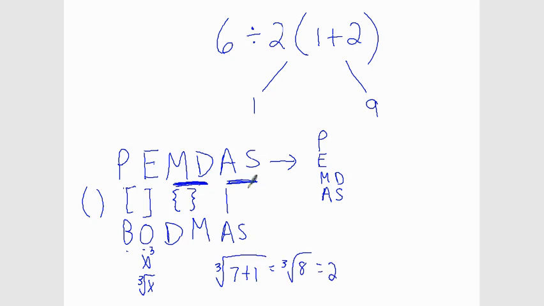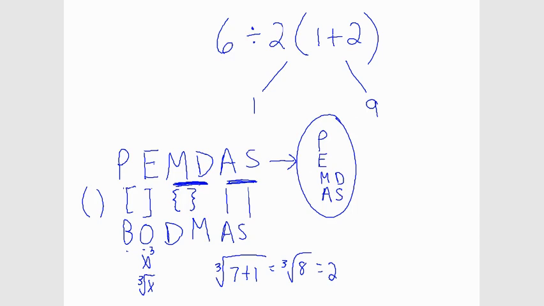Also, absolute values could count as a grouping. You have to work within the absolute value before you can bring anything from outside the absolute values. So this leads me to a point of saying use whichever abbreviations work best for you. I'm going to work with PEMDAS mostly because that's the one I'm most familiar with.